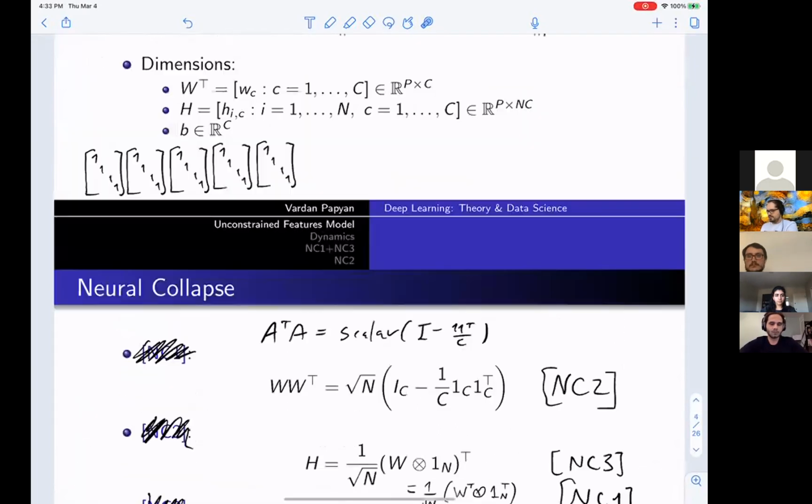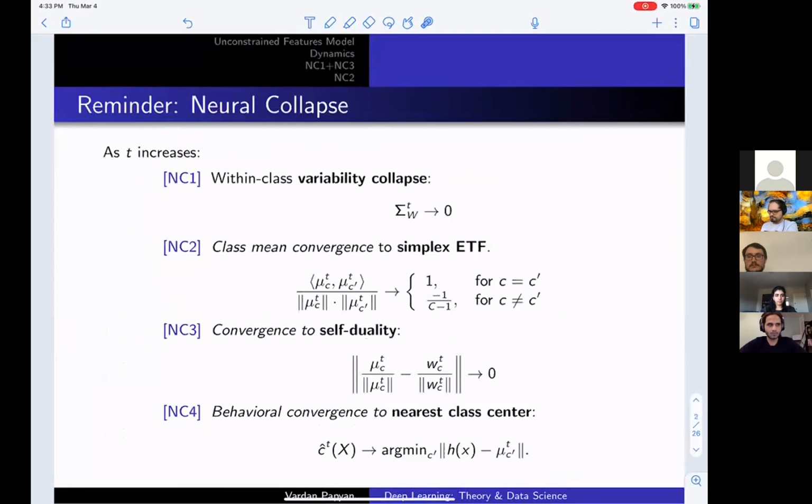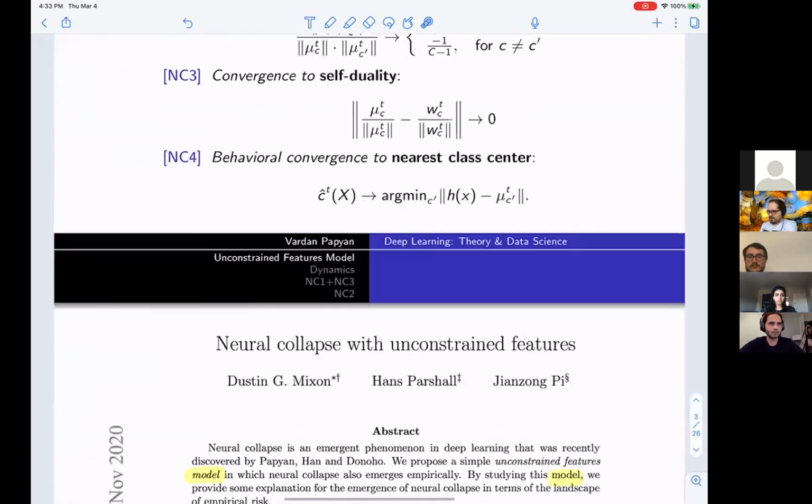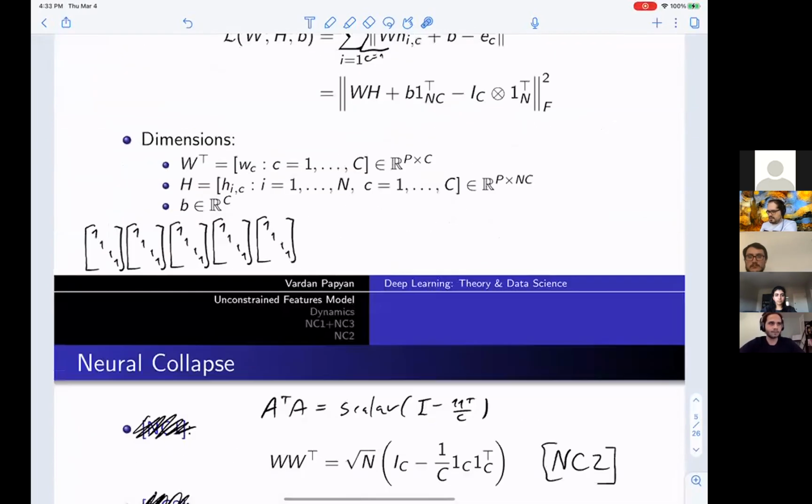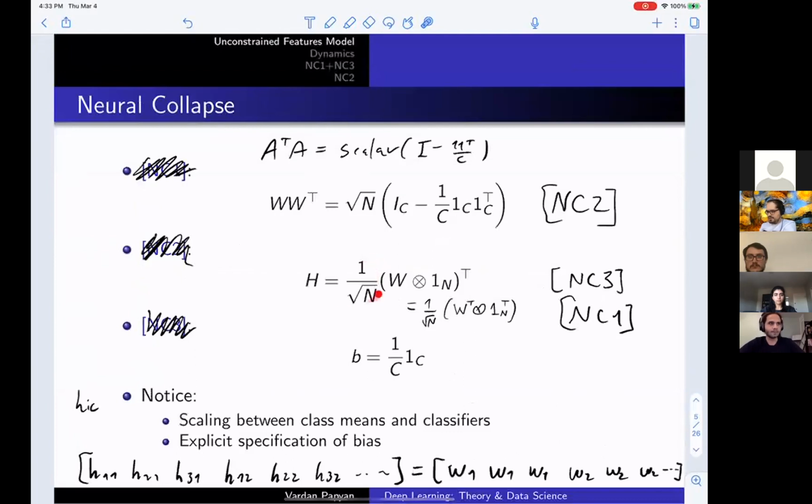The original properties said that there is self-duality, so the vectors are equal to each other up to some scalar, but I didn't specify what the scalar is. In their work, they specify the scalar and they say it is equal to 1 over square root of n. And they also specify explicitly the bias, which is something that the original work did not do.